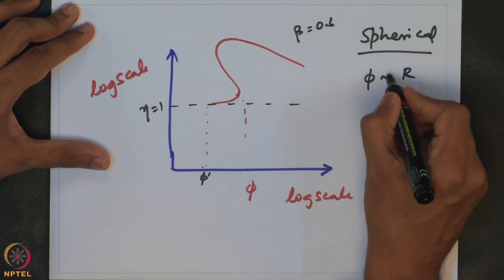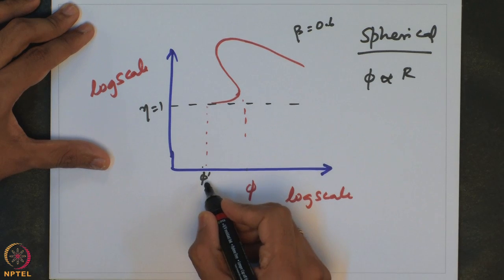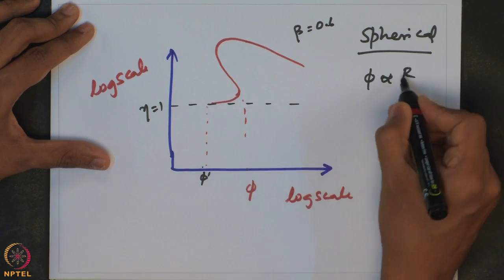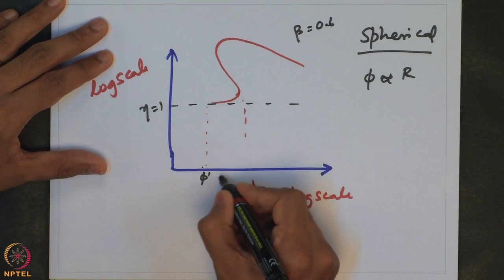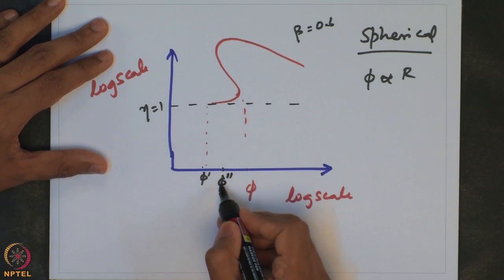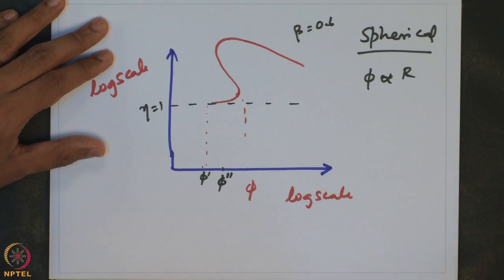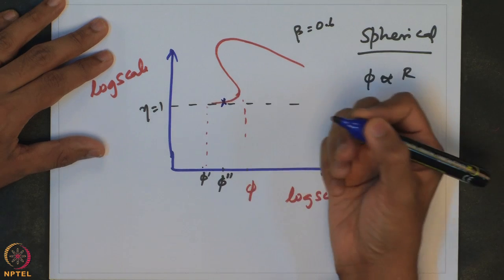Therefore, I can increase the radius, or I can use a slightly larger catalyst pellet, so that let us say I choose a catalyst pellet where the Thiele modulus is this value. So, now the effectiveness factor is at this location here.